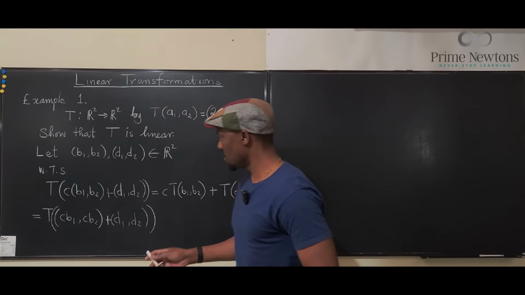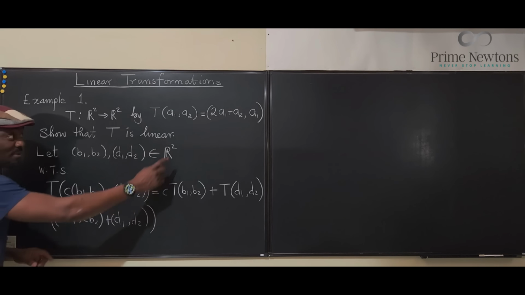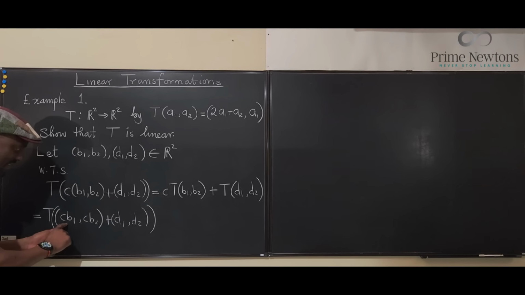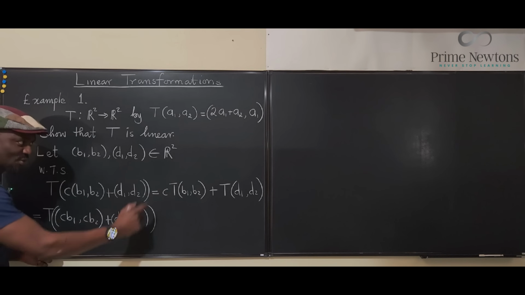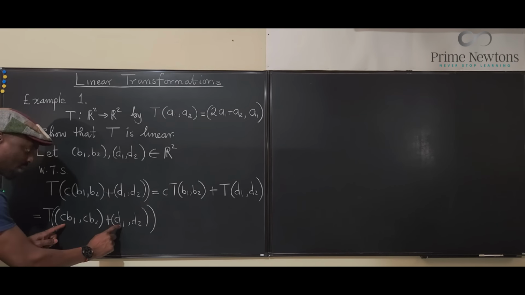All I did here is I just distributed this. Because these two are vectors, you could have written them as just vertical strips, and you can add the corresponding parts together.